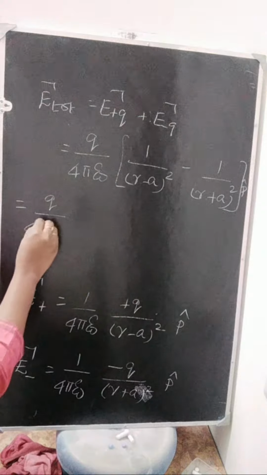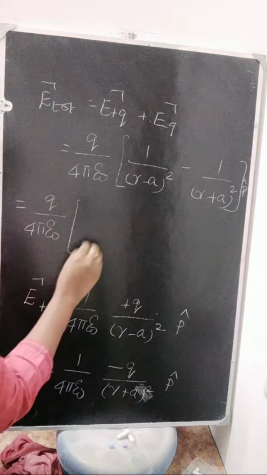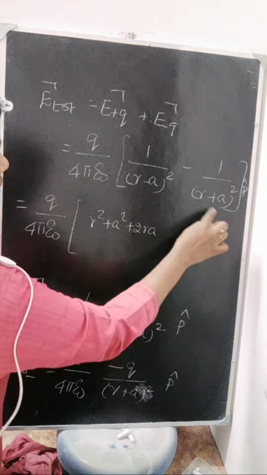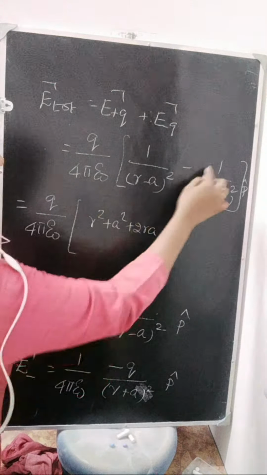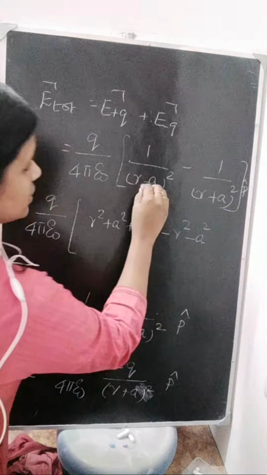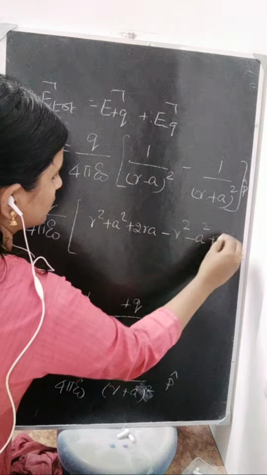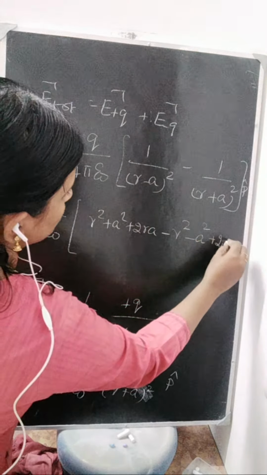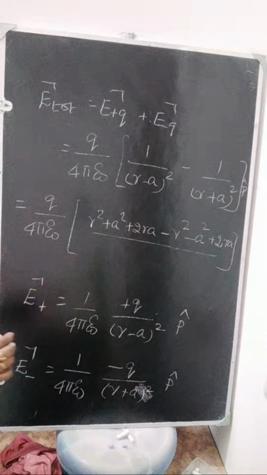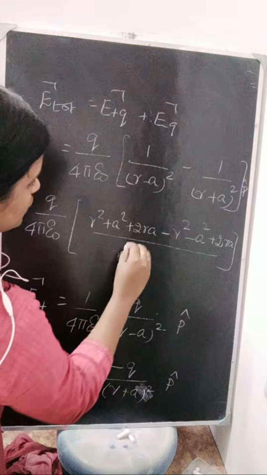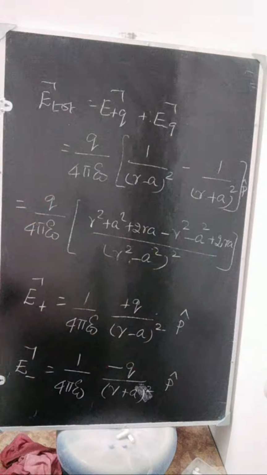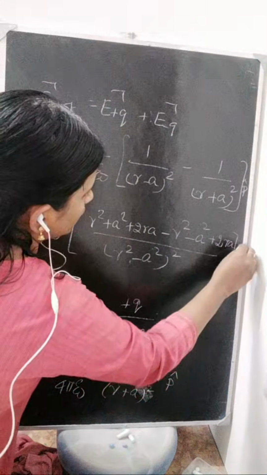Q divided by 4 pi epsilon naught into R square plus A square plus 2RA, this expansion, minus of this one, that is minus A square minus R square, minus into minus will become plus, so plus 2RA, divided by R minus A the whole square into R plus A the whole square, which gives you R square minus A square the whole square, into P cap.